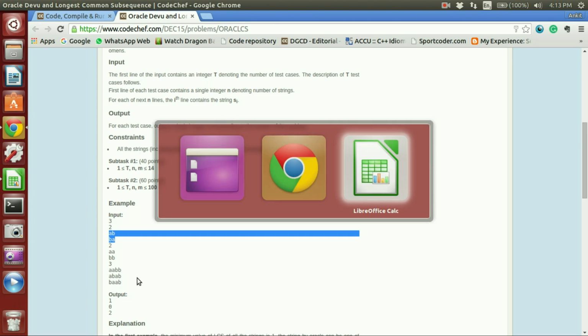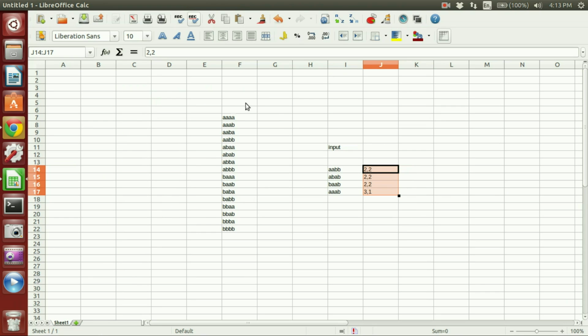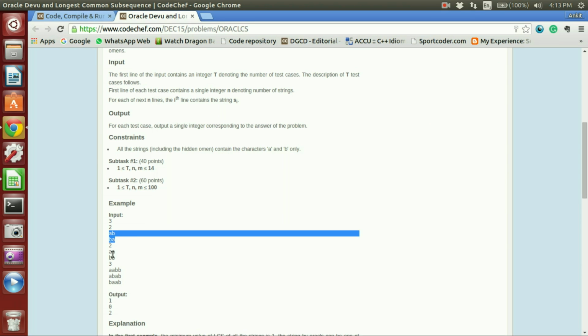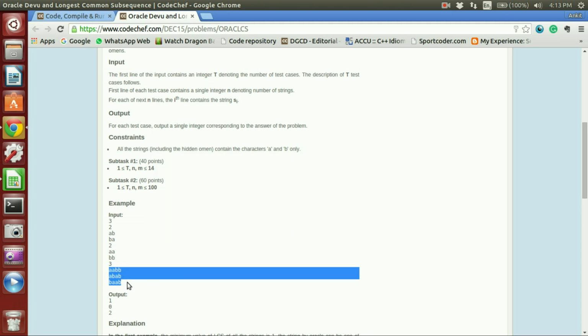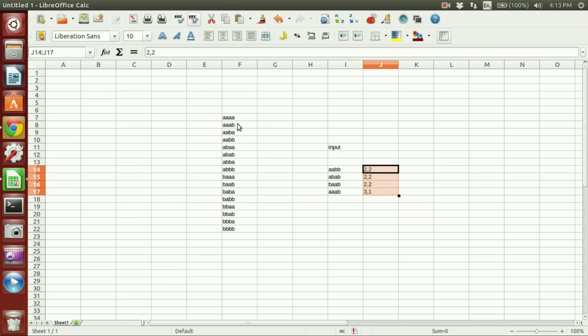So let's understand the question by taking an example. Let's suppose we are given these three strings. Now we have to calculate the LCS of all these strings with all the possible other strings of size 4. This represents something similar to binary numbers, right?